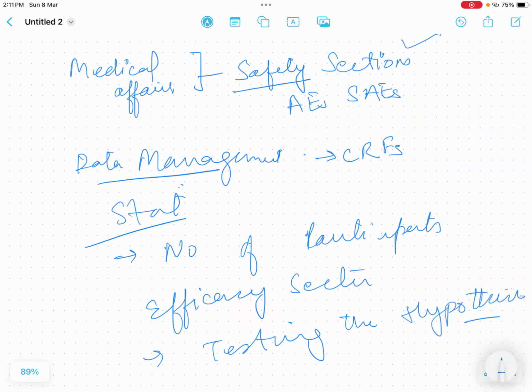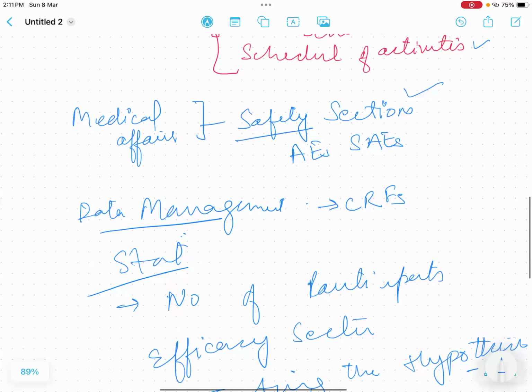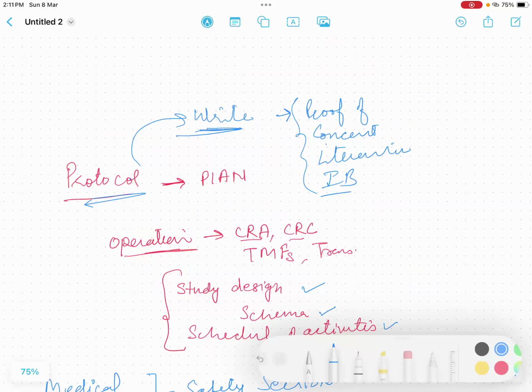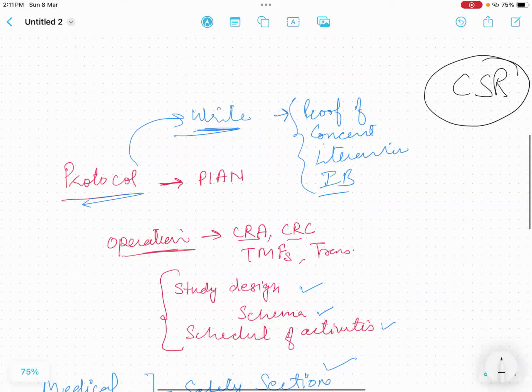And if you are a medical writer, then many of your protocol sections are super important for you when you are writing your CSR. I will show you how smartly you can prepare 40% of the CSR once you have a protocol. So the idea of this whole session is to give you a lot of confidence, right?